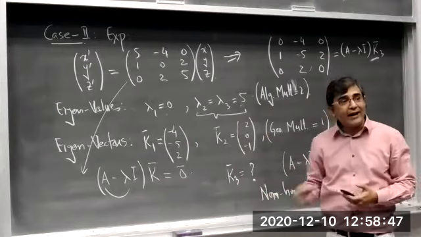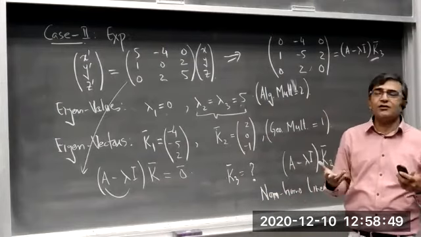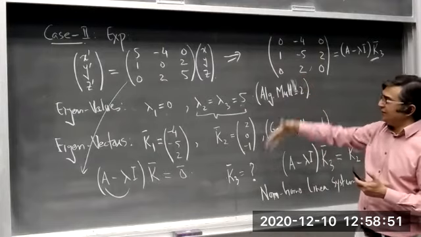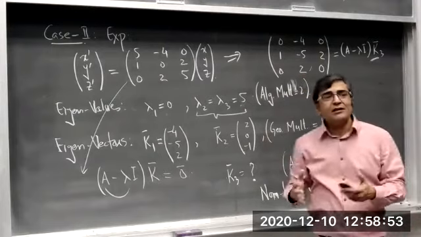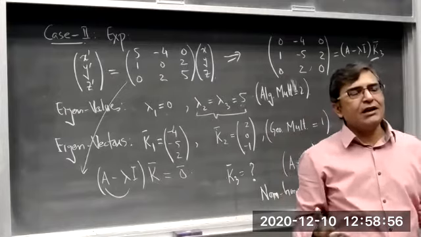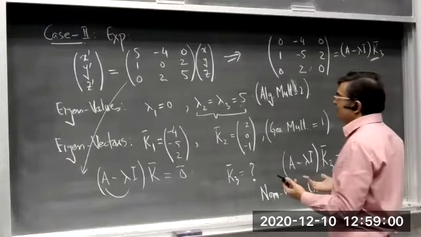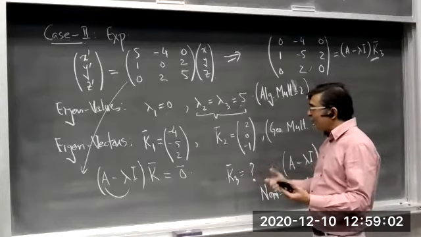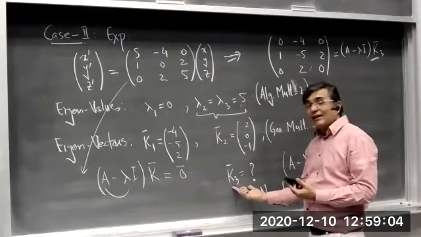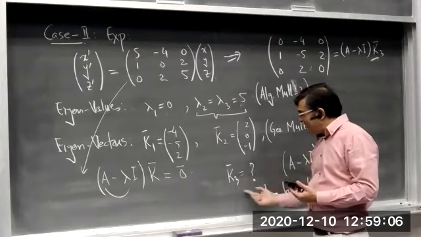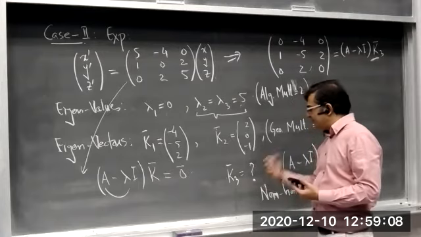We have to find another eigenvector in order to write the general solution of the given 3 by 3 system. So we must have 3 linearly independent solutions, which form a fundamental set. So in order to write the general solution, we have to find the third linearly independent solution. So it is mandatory to find k3.